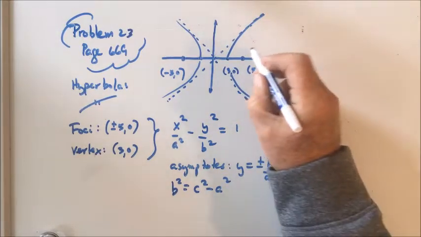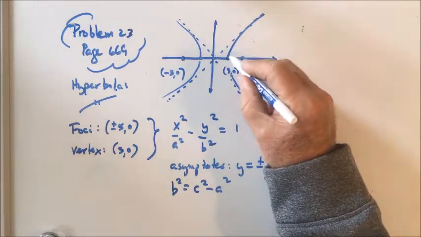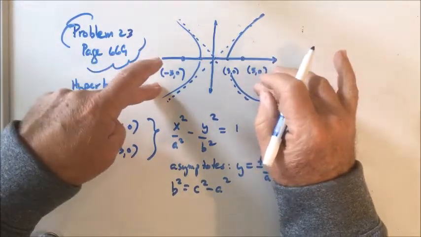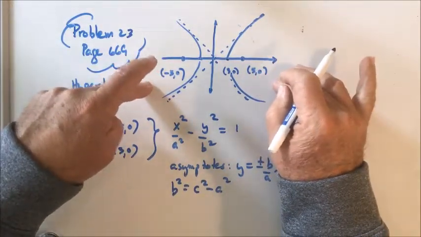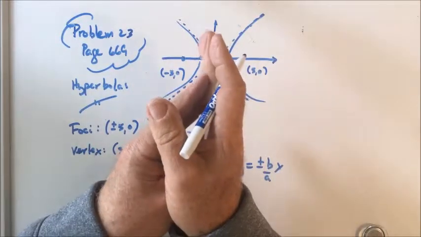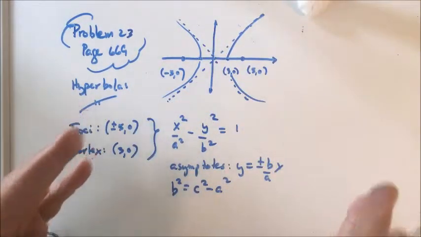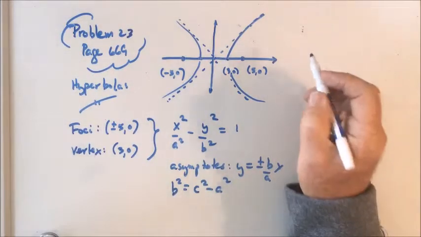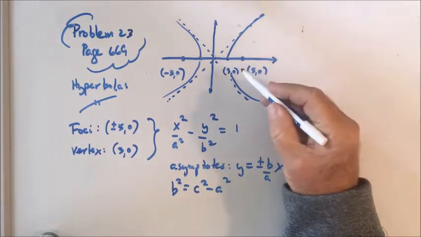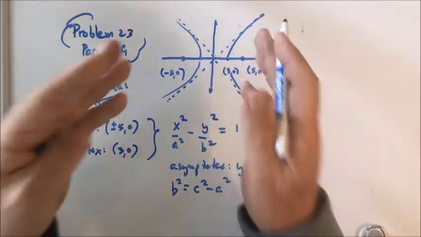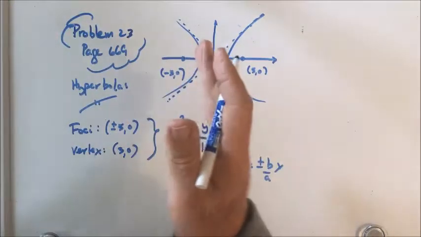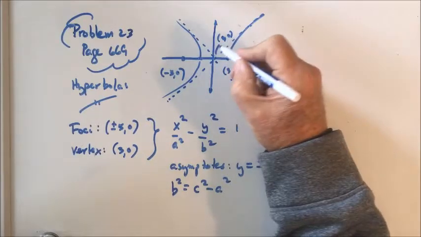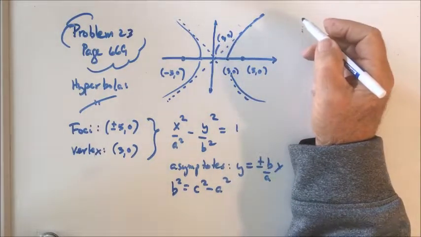Okay. Now I drew it like this because I'm given the two foci, 5, 0 and minus 5, 0. The center is midway between those two. My cat is about ready to step on this, and she moved away. So this is a hyperbola centered on the origin.